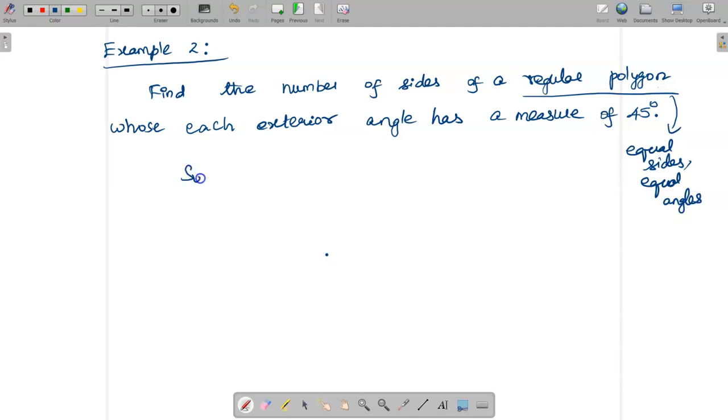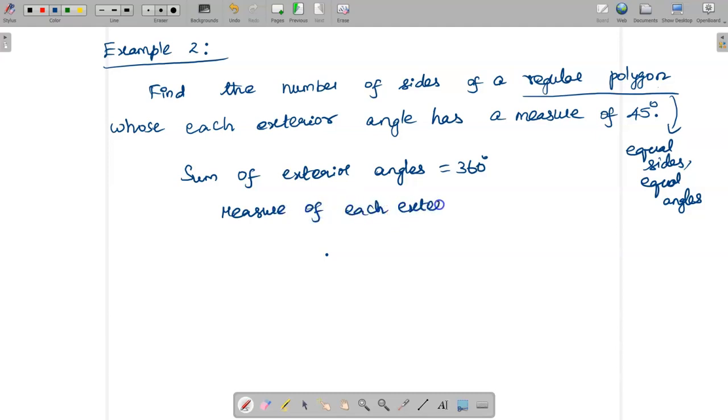Already we know one formula: the sum of all the exterior angles of any polygon is equal to 360 degrees. And in this problem they have given the measure of each exterior angle, which is 45 degrees.